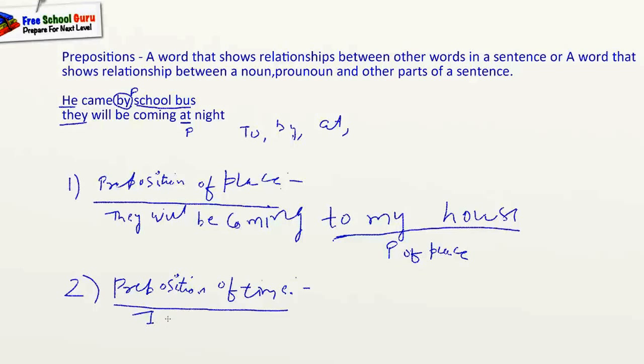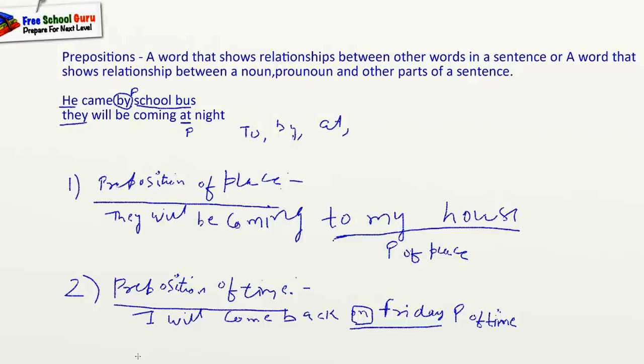I will come back on Friday. On is a preposition, and on Friday becomes preposition of time. Is that clear? So let's take another example.